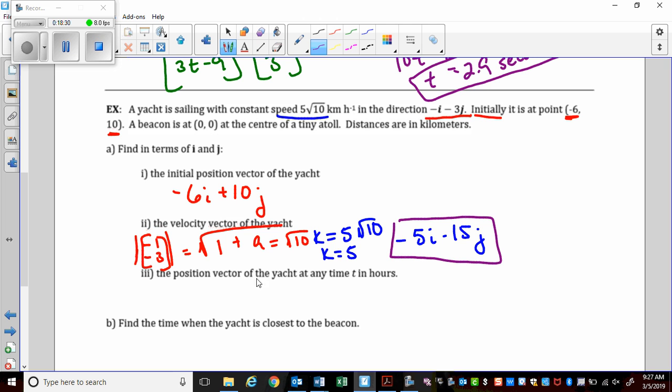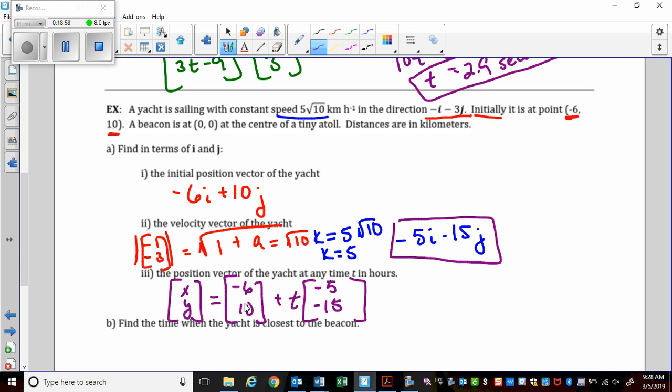The position vector of the yacht at time t hours, we have everything we need. So remember, we write x, y equals my initial plus t times my velocity, -5, -15.